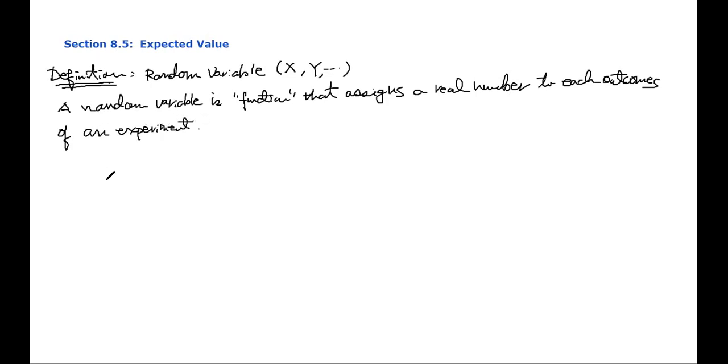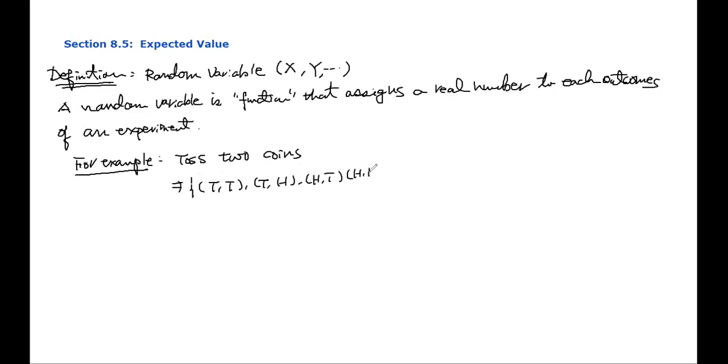So what that means, let's take a look at an example. If I toss 2 coins, we know the outcomes, we did this many times: tail tail, tail head, head tail, head head.